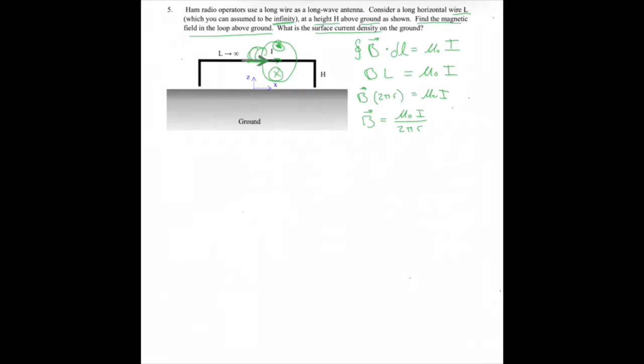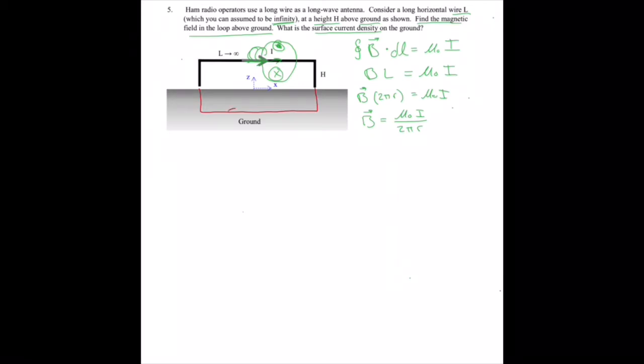When we think of a ground plane, we can think of it as a mirror. So what we do is replace the ground plane with our image charge. We can literally draw exactly what we see, like a mirror, with our image charge. But we note that in the image charge, the current is in the opposite direction from the original.